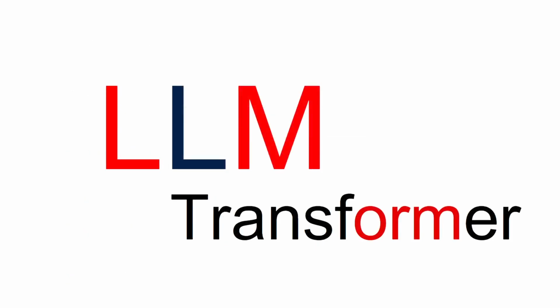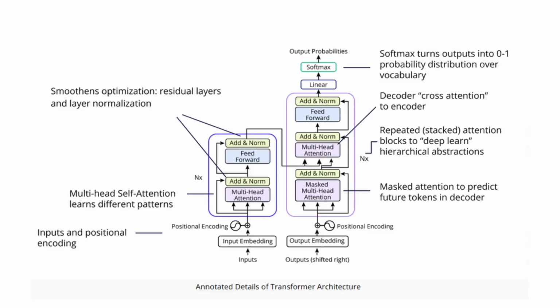So far we have talked about different types of Gemini models, but how are Gemini models actually built? I'm sure this question is running in some of your minds.